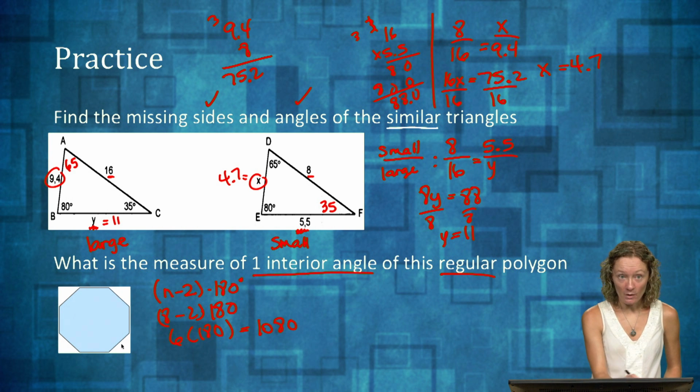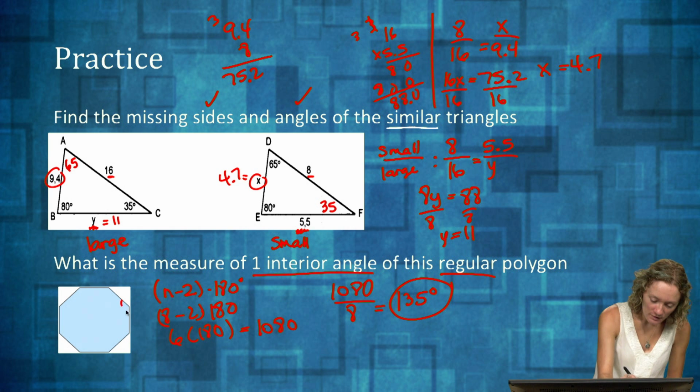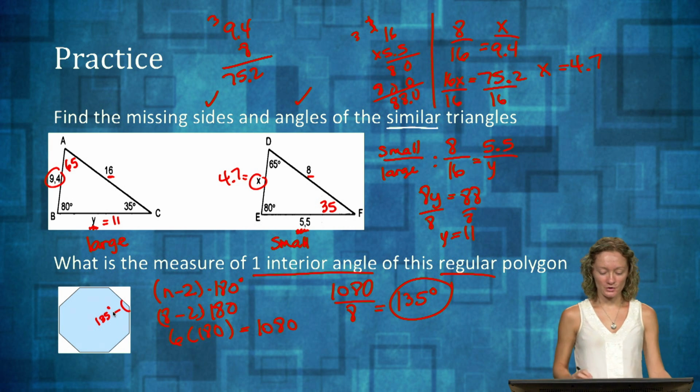And then we only care about one angle, so divide by the number of sides we have, which is 8, and we get 135. So the measure of each of these is 135 degrees, one interior angle.